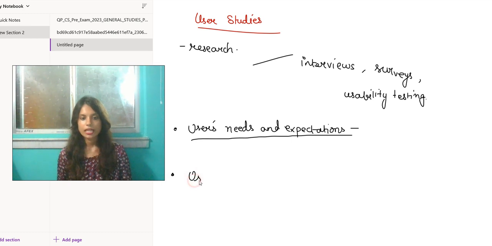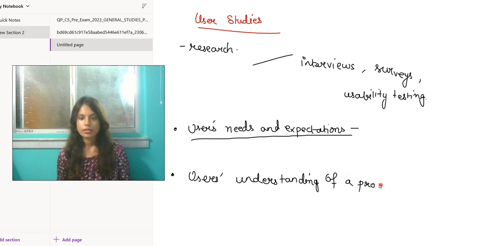Second, users' understanding of a product, service or technology.